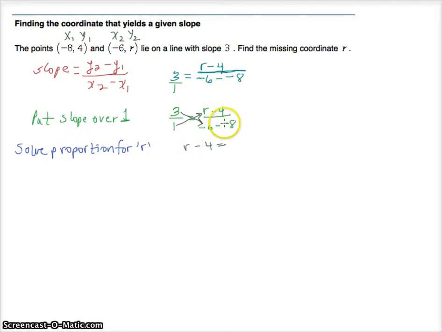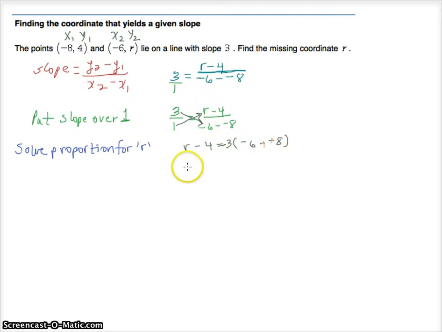Now here we can do two things. We can simplify this, or we can just show the multiplication as it comes. So let's just show the multiplication here. We'll have 3 times the quantity -6 minus -8. Before we go on, let's go ahead and simplify this. We'll make it -6 plus -8.